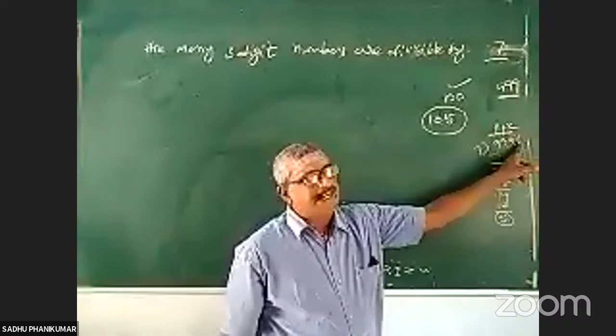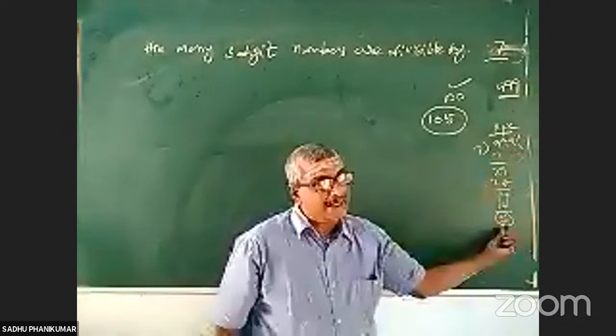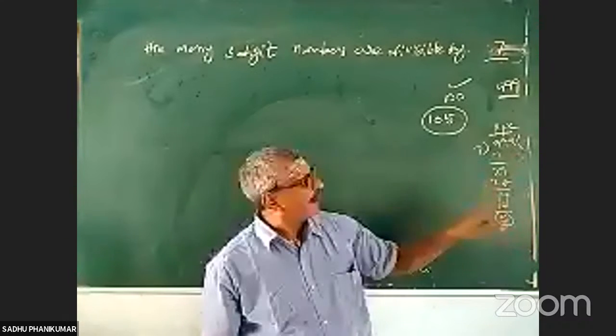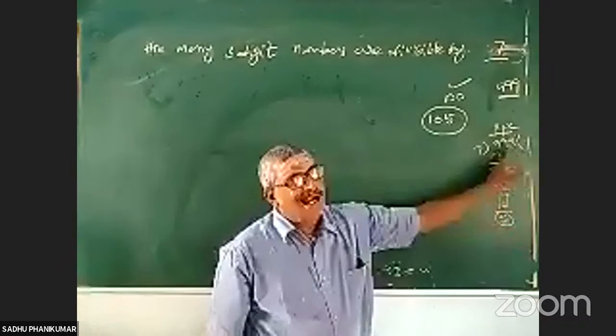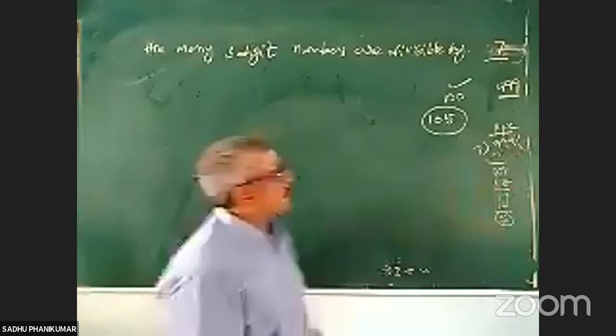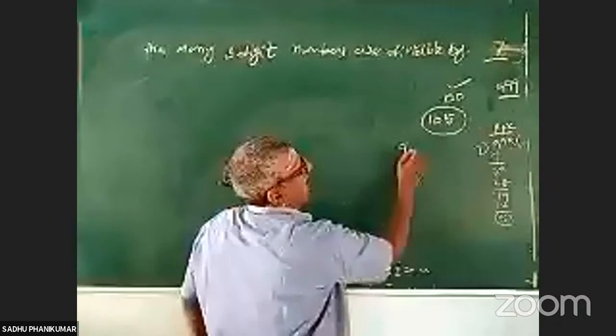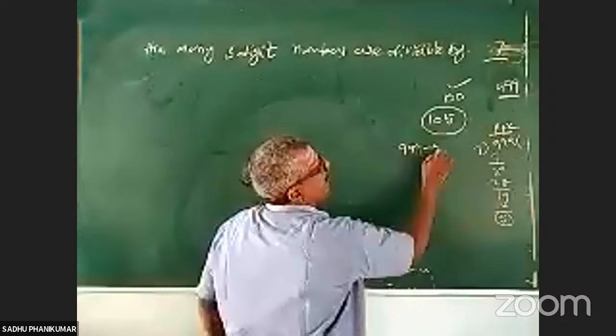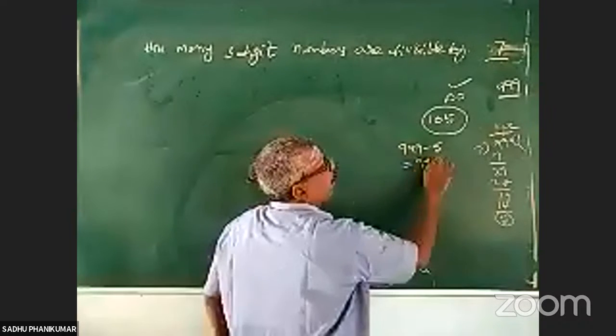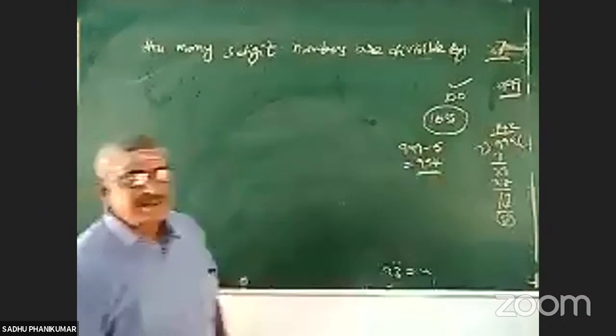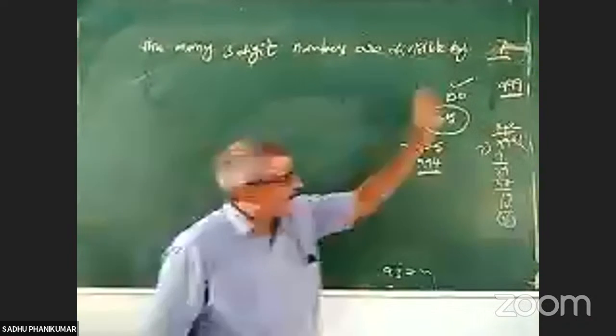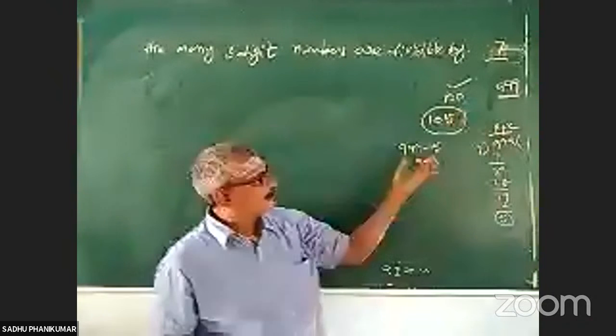So the last three-digit number is equal to 999 minus 5, that is 994. That means by thinking, we find the first term and also the last term.